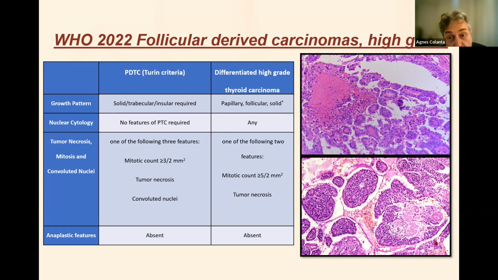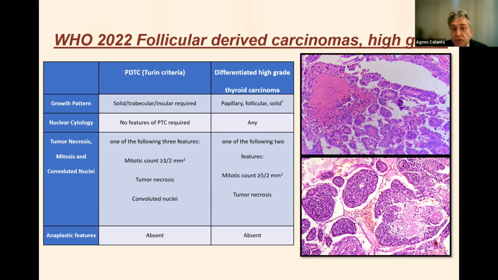However, you have high-grade tumors with a lot of mitosis and necrosis whose architecture is close to the adult organ. They have papillae or follicles. So these tumors that were not included in the old poorly differentiated definition, but now are included under follicular-derived carcinoma high-grade, are called differentiated high-grade thyroid carcinoma.